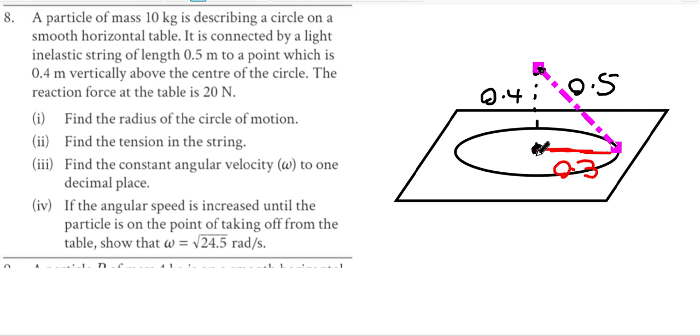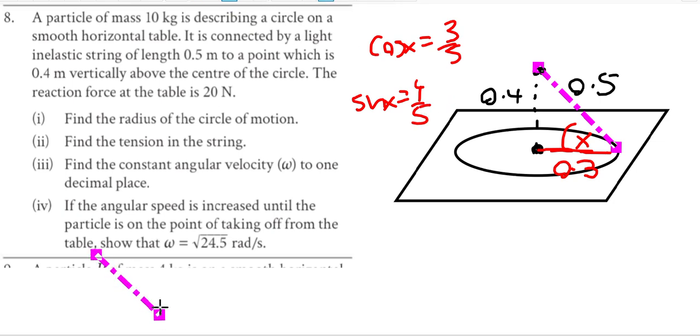If this is angle x, would you all agree that cos x is 3 over 5 and sine x is 4 over 5? Then the only thing causing it, it's in contact with the table, is it?